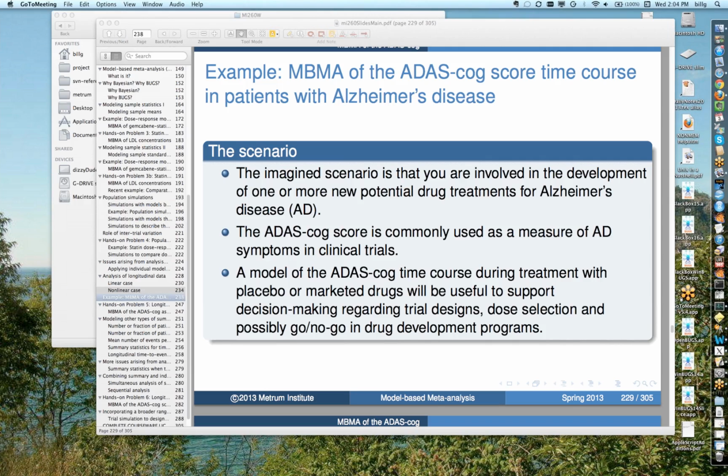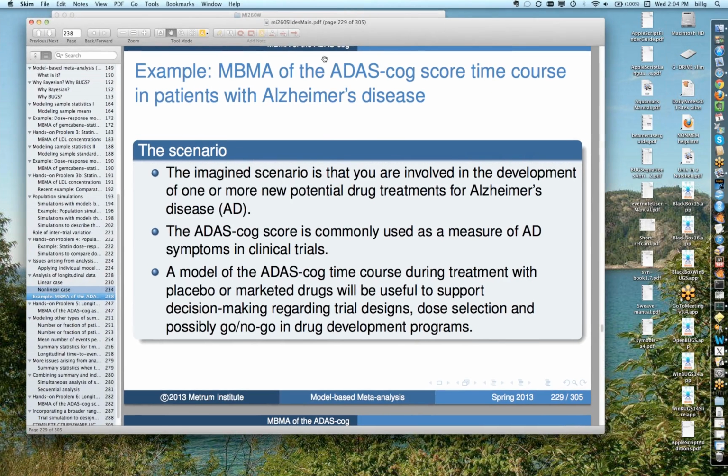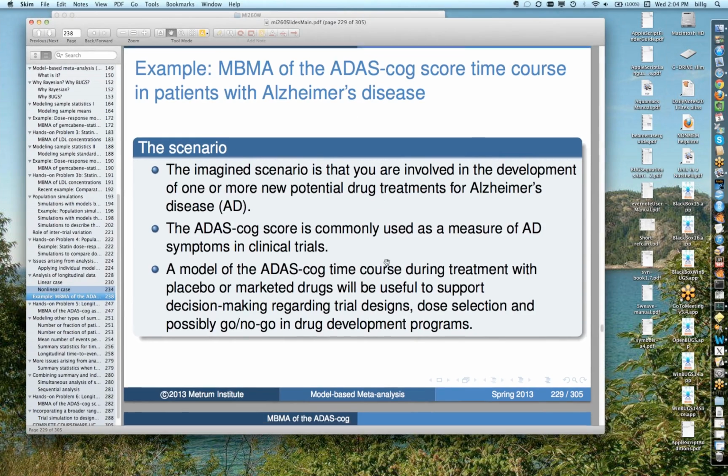Okay, so let's go ahead and jump into doing some simulations using our longitudinal model. This will be a follow-up to the ADAS-COG example that I presented before. Just to remind you what we had here: we were looking at ADAS-COG scores over time in patients with Alzheimer's disease.